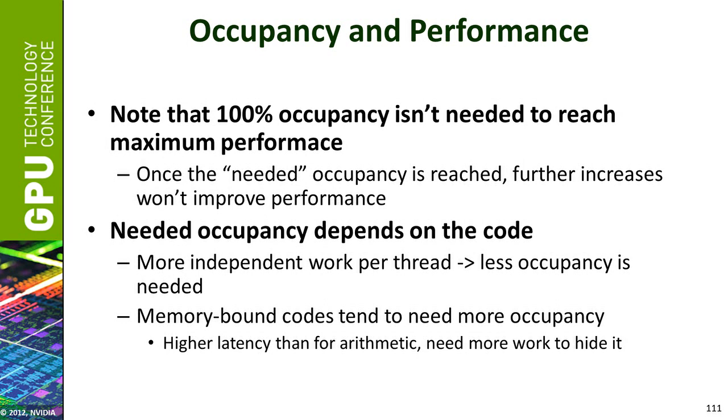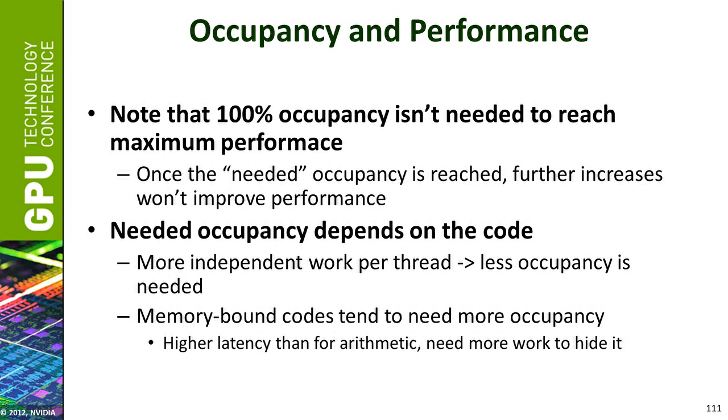The more independent work you have per thread, per warp, the fewer warps you need, and vice versa. As a rule of thumb, memory-bound codes need more warps to keep the memory saturated. So I usually say on a Kepler SM, strive to have at least 32 warps. That's a good starting point. For memory-bound codes, you may end up wanting more, unless you have a lot of independent accesses per thread. But again, you start with something, look at the profiling tools, and go from there.